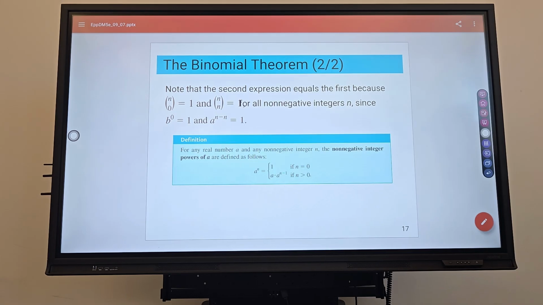So for the definition of non-negative integer powers of a, there is a recursive definition here: a to the n equals 1 if n equals 0. If n is greater than 0, a to the n equals a times a to the n minus 1.